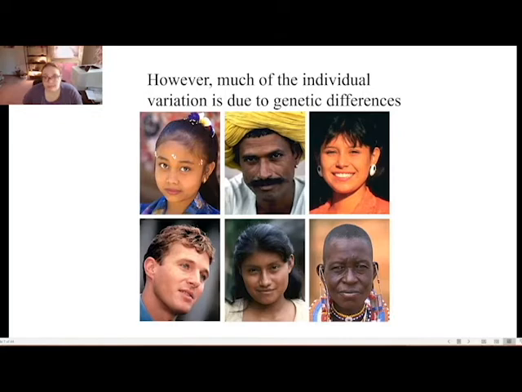We see the same levels of genetic diversity and the same type of diversity everywhere you look on Earth. It doesn't really matter where someone's from. Only about 9% of our variation comes from what continent we're from. So it's a very small amount that comes from a geographical area.